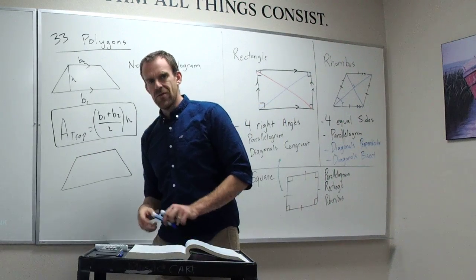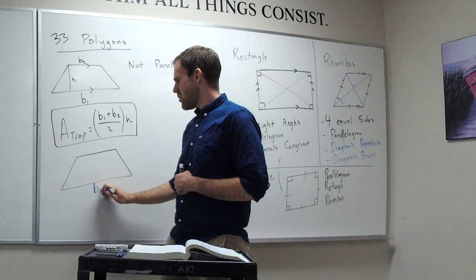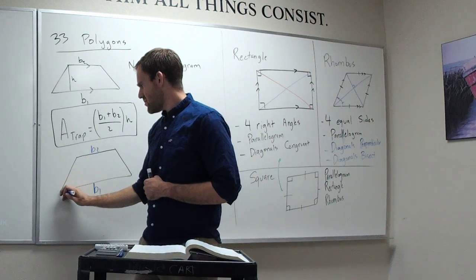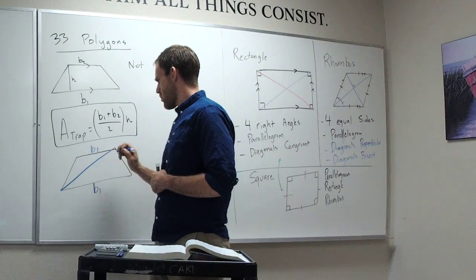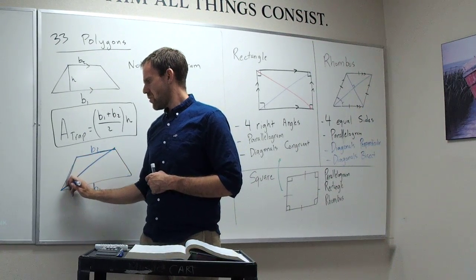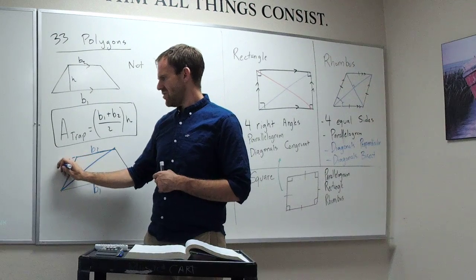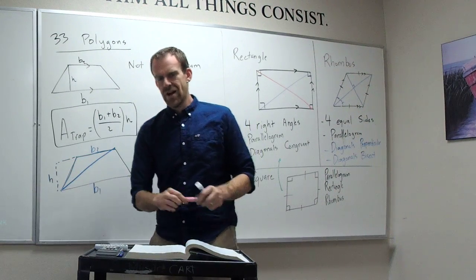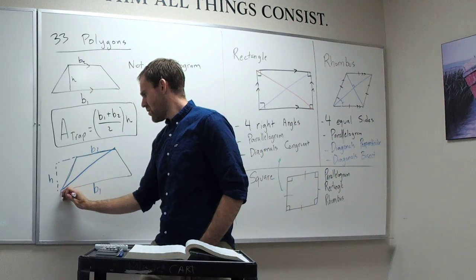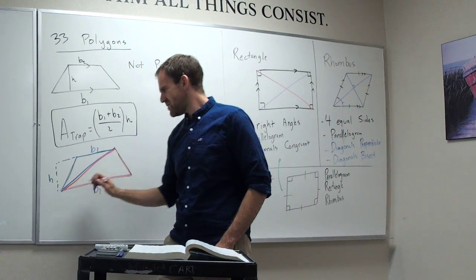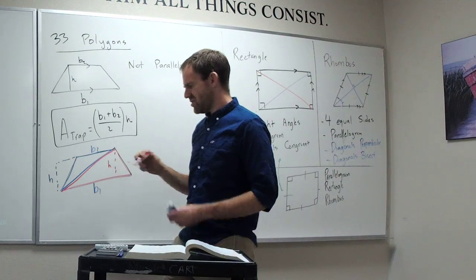So, in its simplest form, a trapezoid is two triangles. This triangle on top with base 2 and height h, and this triangle on the bottom with base 1 and height h.